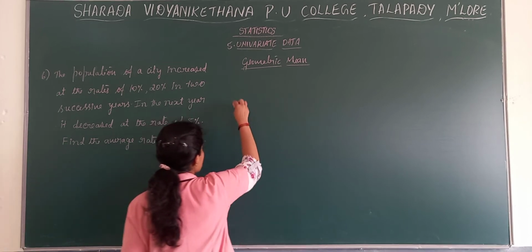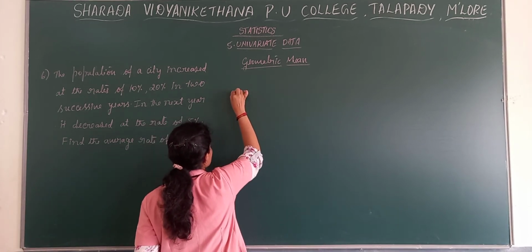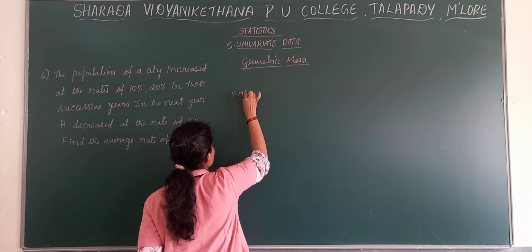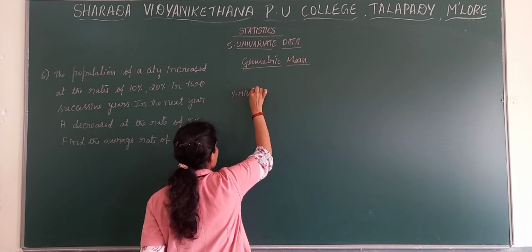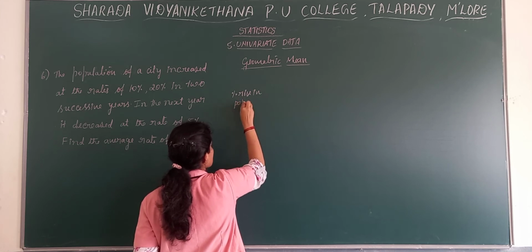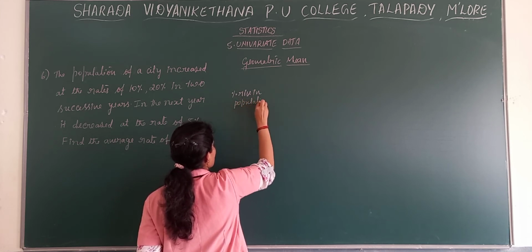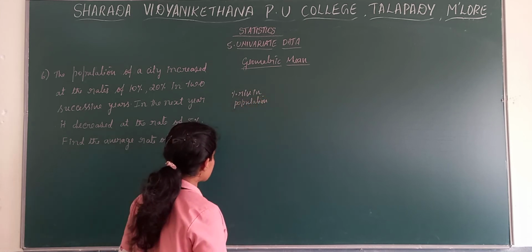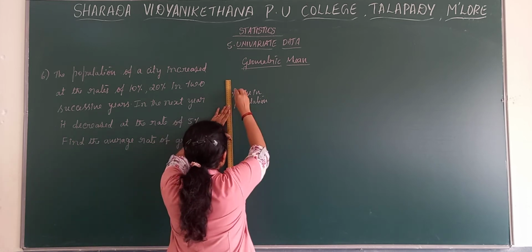So firstly, write the percentage rise in population. One population has come down, but we will take it as rising population only.